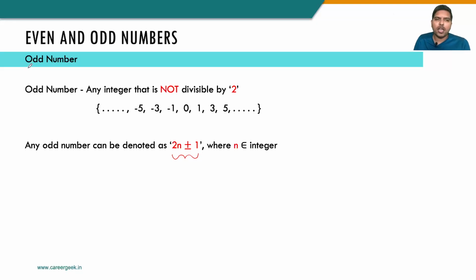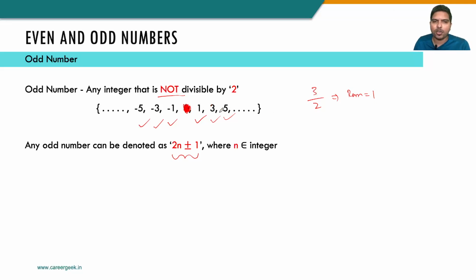Now everything else is odd, so the definition goes like this: something which is not divisible. For example, if I divide 3 by 2, I get a remainder 1, right? It's not divisible. So 0 is not included. So 1, 3, 5, -1, -3, -5, all these are odd numbers.